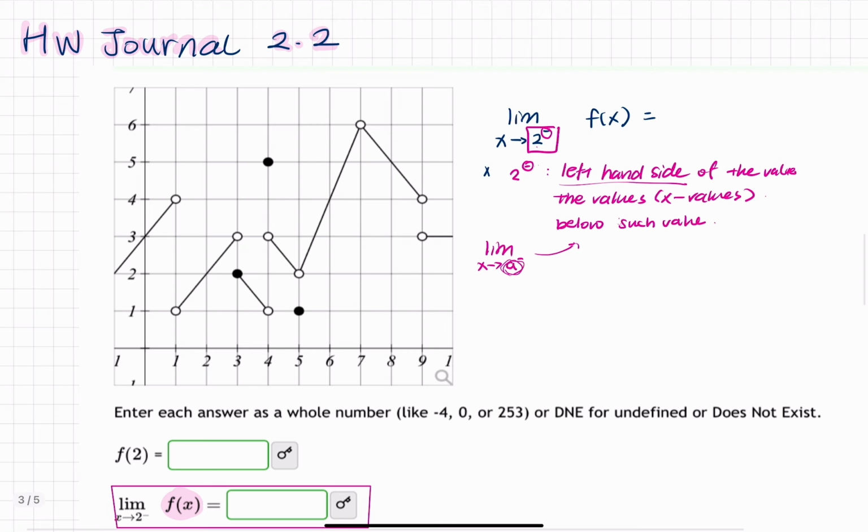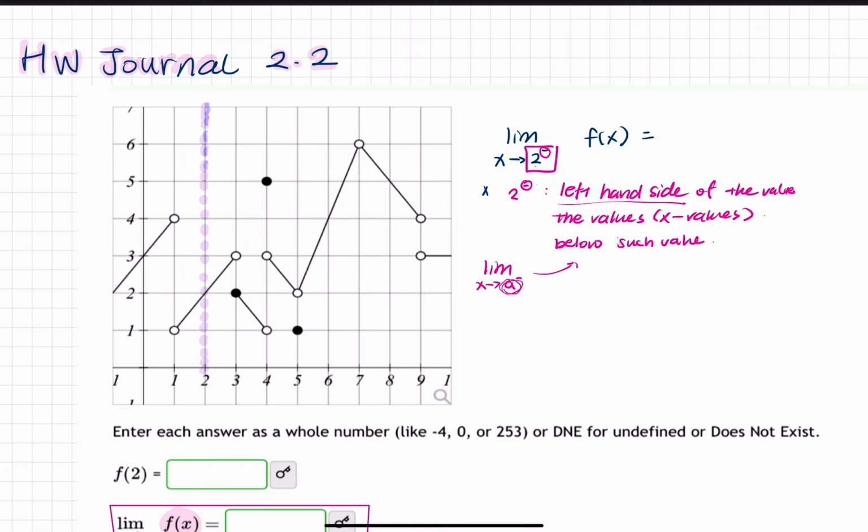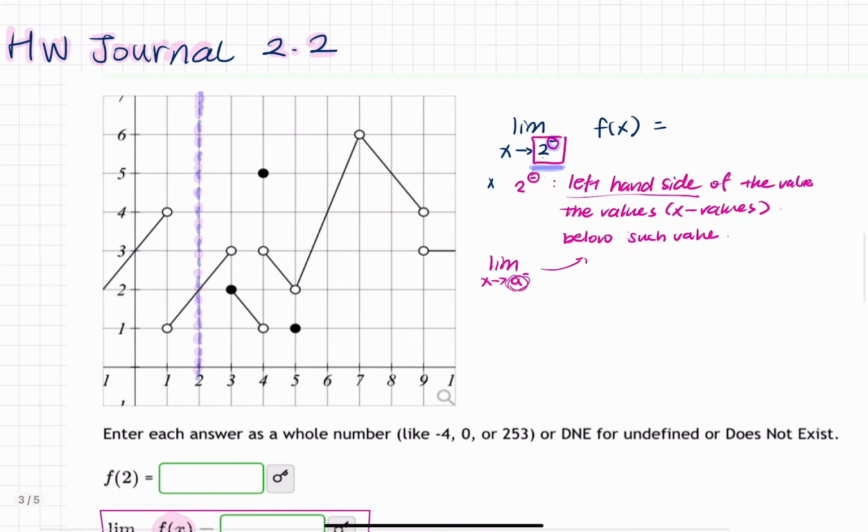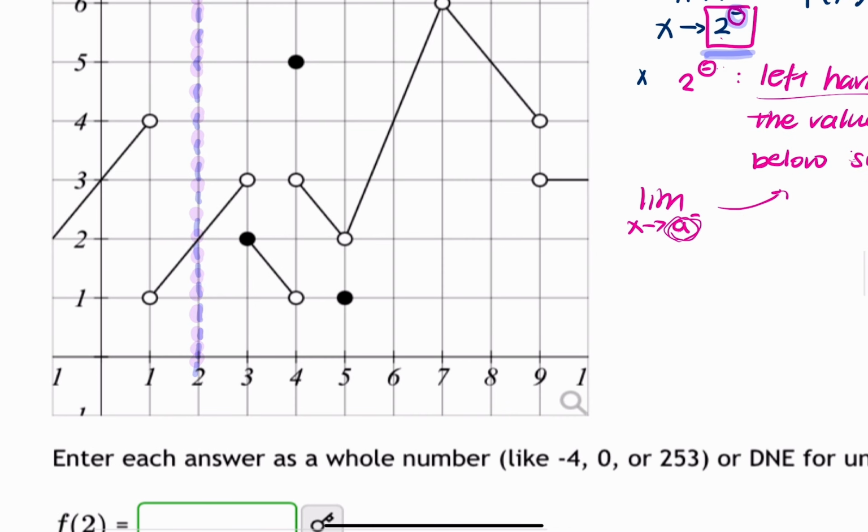It is still right here; it's not running away. But this time it's a little bit different. We're looking for the values from its left-hand side.